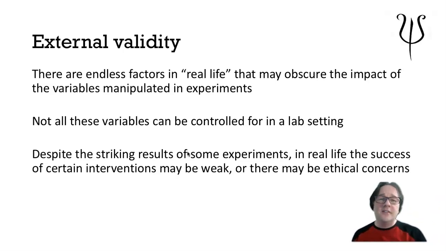So there are endless factors in the real world that can impact the variables that are manipulated in our research. So we're never getting a full picture with the research that we're conducting. It's kind of impossible to do. So a lot of these variables can't even be controlled in a laboratory setting, right?